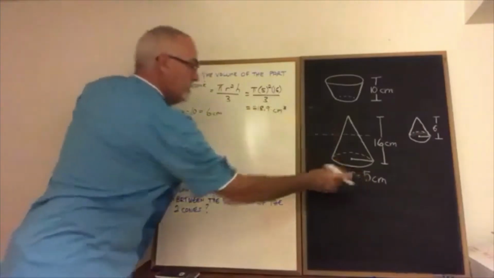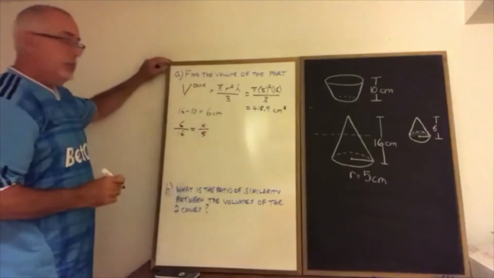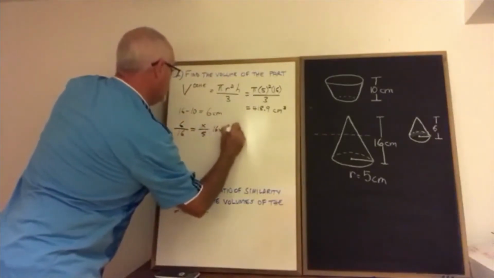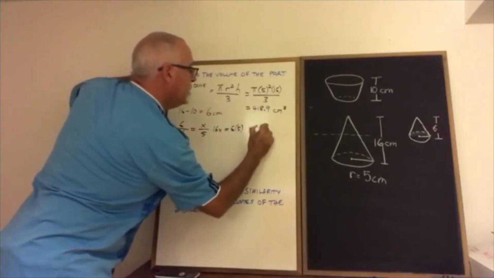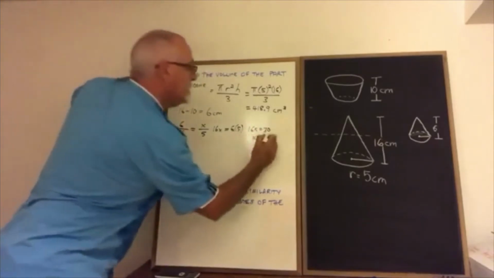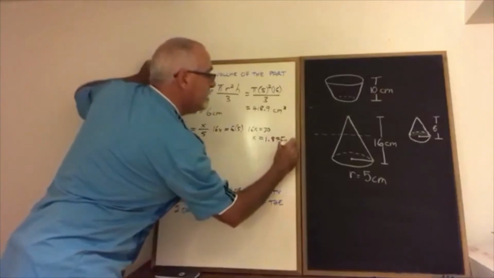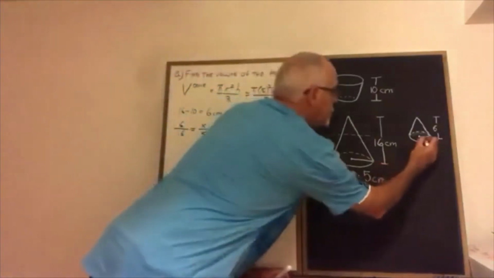I know the radius of the big cone, so if I put it here, I can cross multiply and solve. 16x equals 6 times 5. 16x equals 30. x is going to be 30 divided by 16, which will be 1.875 centimeters. And I'll write that here.